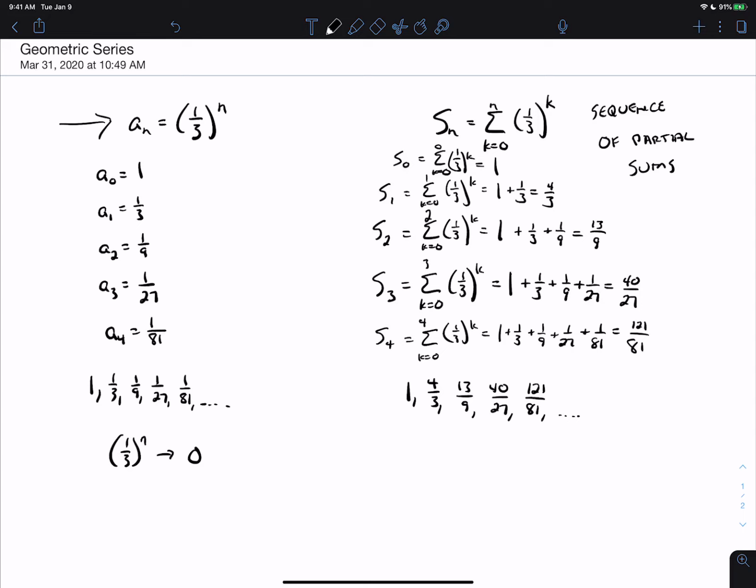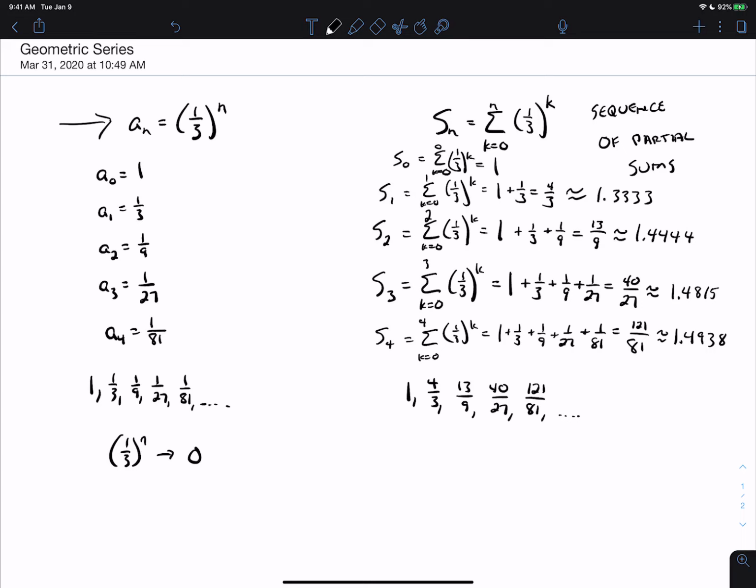It's a little unclear looking at these fractions what happens to this series. If you look at decimal representations of this, 4/3 is about 1.3333. If we round to 4 decimal places, 1.3 repeating. 13/9 is 1.4444. 40 over 27 is about 1.4815, and 121 over 81 is 1.4938 if you round to 4 decimal places.